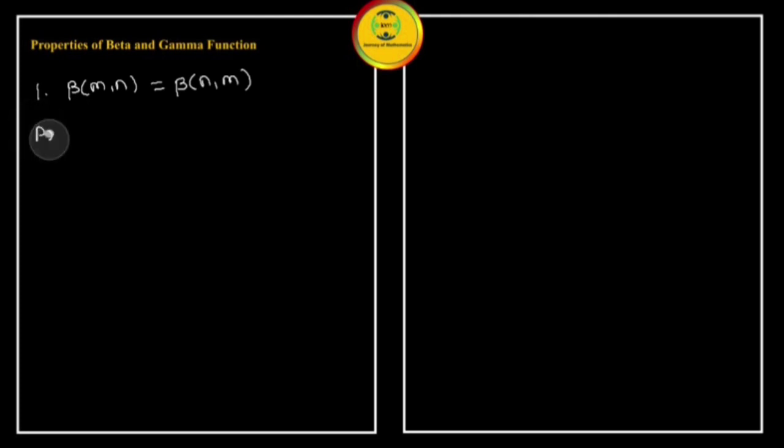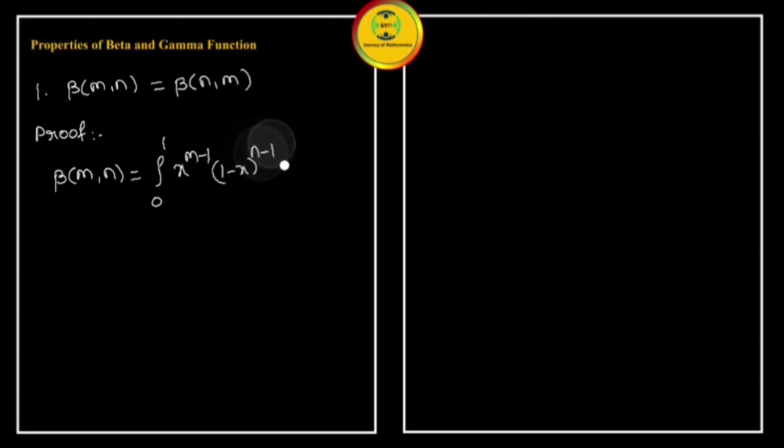So, the proof, I am going to write for this. Now what is the definition of beta function? Let us write it. Beta of m comma n is equal to integral 0 to 1 x power m minus 1 into (1 minus x) whole power n minus 1 dx.